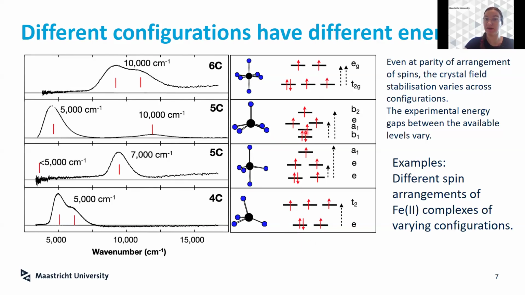So these things are real, and the jumps in energy are different. All of these examples are done with different spin arrangements and configurations of iron II. So it is not down to the metal, it is down to how you arrange. So you can measure these experimental gaps.